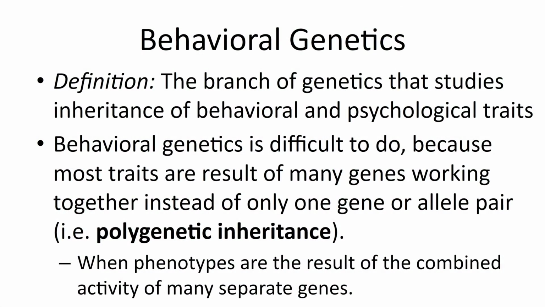But in truth, it's kind of like this little bit and this little bit, and then on a separate chromosome, another little bit and another little bit, and we're trying to connect all these dots and figure out how they're related. This is what we call polygenetic inheritance, when phenotypes are the result of the combined activity of many separate genes, and that's why this can be very difficult to study.